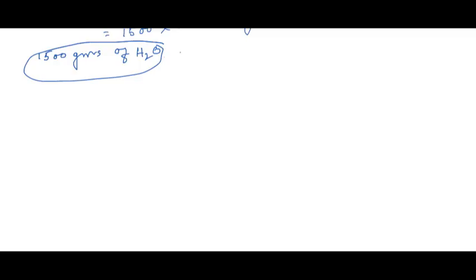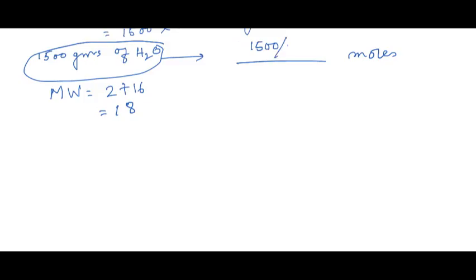Again, what will be our first step? How many moles? What is the molecular weight of water? 2 plus 16 is equal to 18. So it will be 1500 by 18 moles.